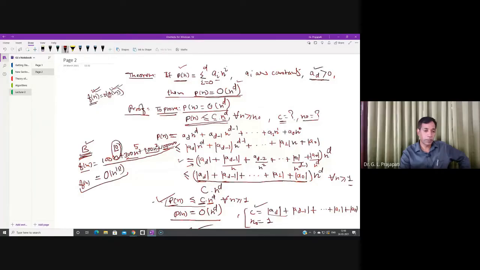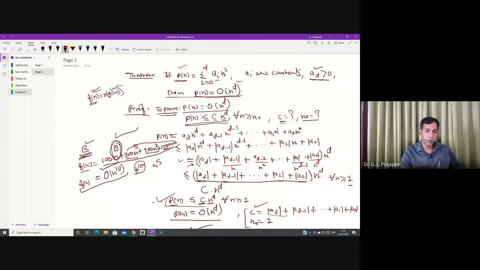So this term has the highest rate of growth, and you just mention the highest rate growth term because for a sufficiently large value of n, this will be very large, and this large amount will dominate the effect.